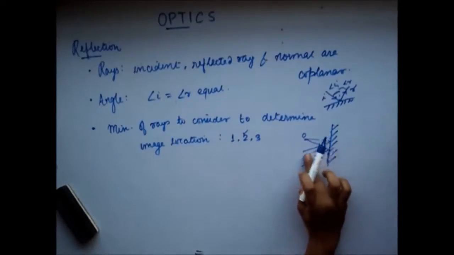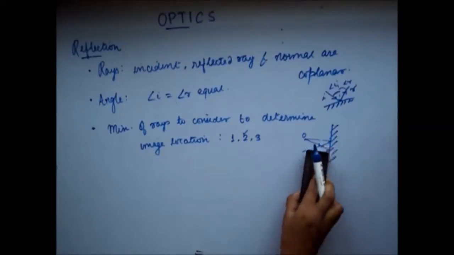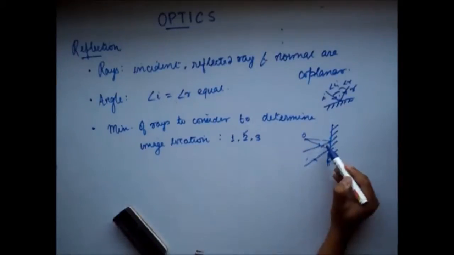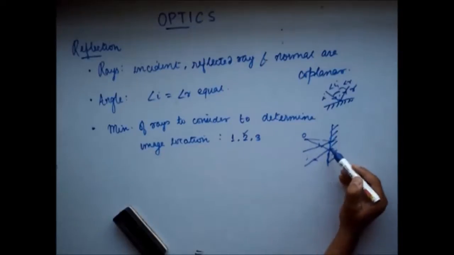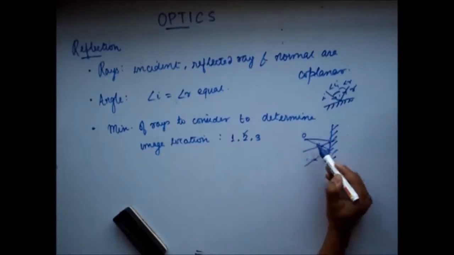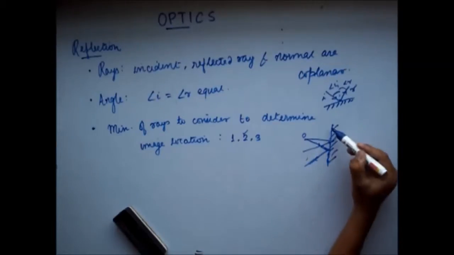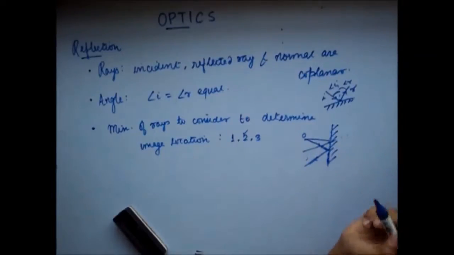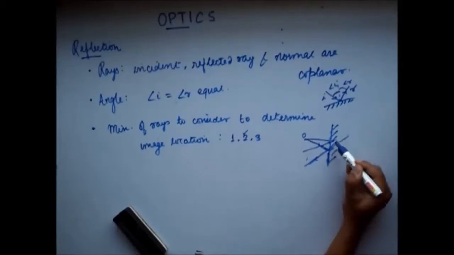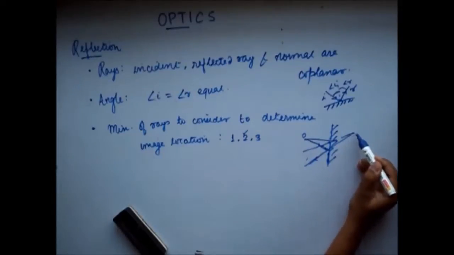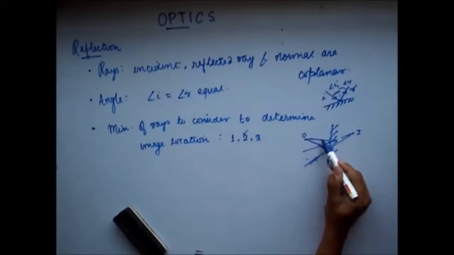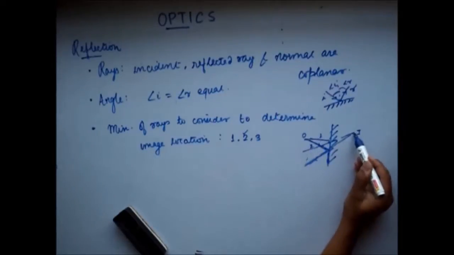Now, if I know both these rays, and I know that this mirror forms a virtual image, so I can extend the reflected rays to find the location of the image. So basically I needed two rays here. This is the first one, this is the second one, to find the location of the image I.